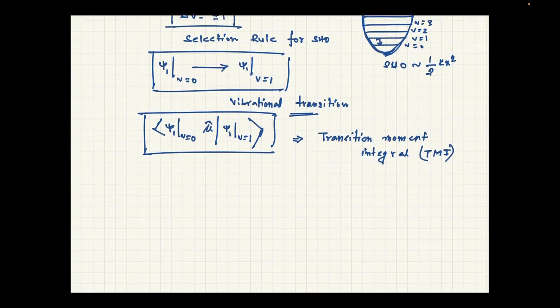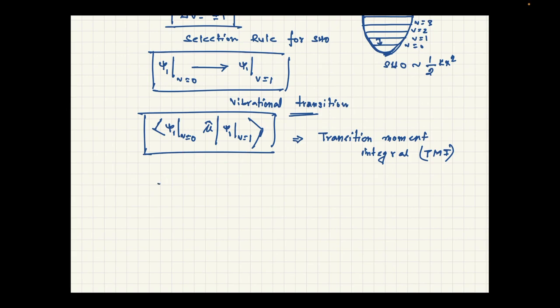Now if this integral, this transition moment integral, is non-zero, then we can observe a transition, or this transition will be spectroscopically allowed, and we can get a peak corresponding to this transition. Or if this value is 0, then this particular transition from psi 1 v equal to 0 to v equal to 1 via dipole moment will be spectroscopically forbidden, and we cannot observe any peak.